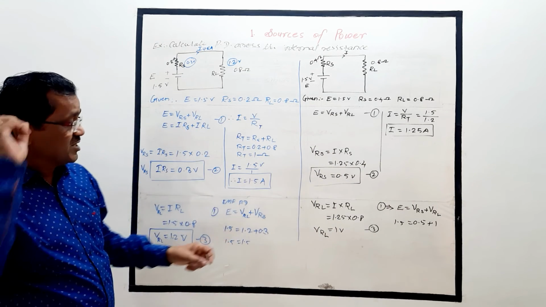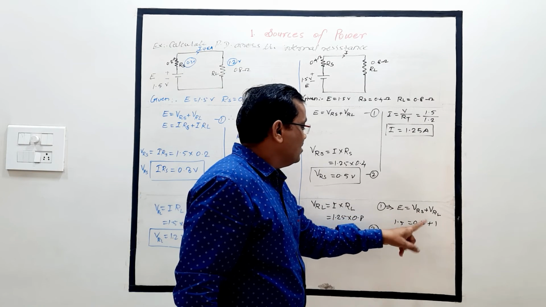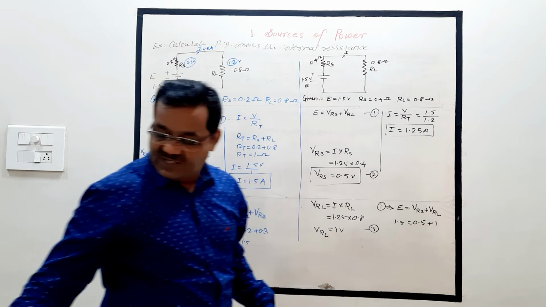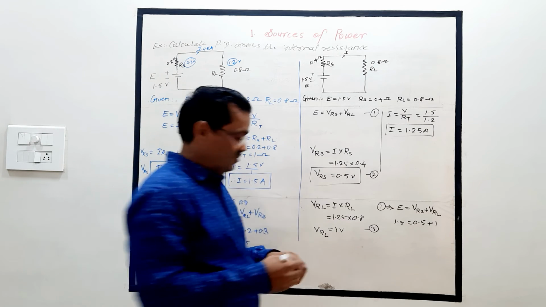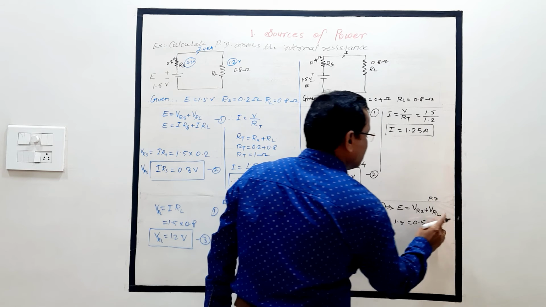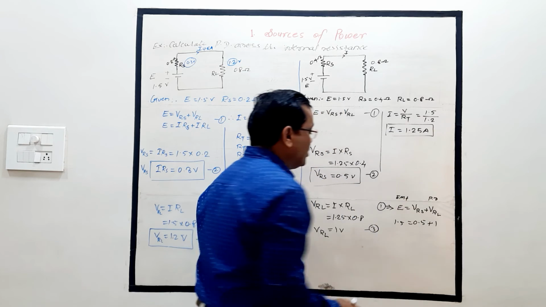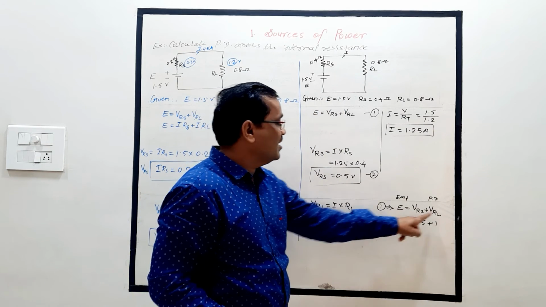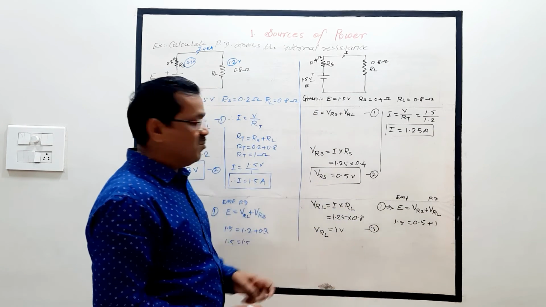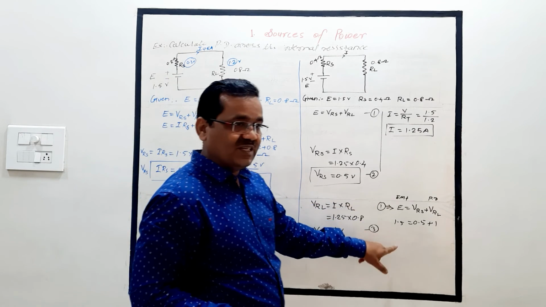So from this equation we can conclude that potential drop across the load resistance is always less than the EMF. So EMF is greater than the potential drop, or potential drop is always less than the EMF of the cell.